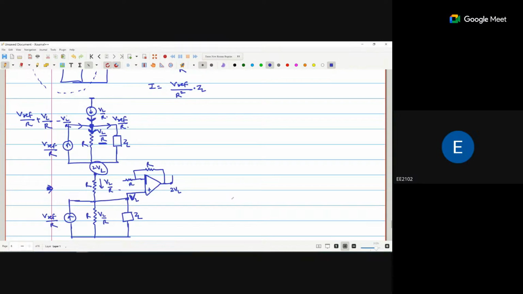Now this 2VL will be connected at this point. This R and this R both are the same, so we remove this R and directly connect it to this point.